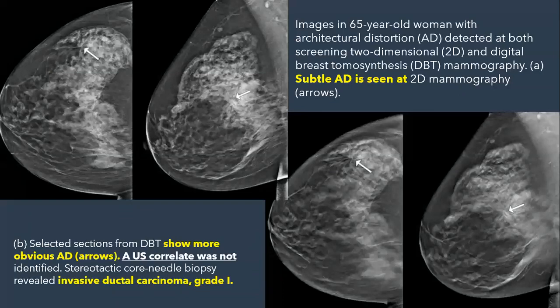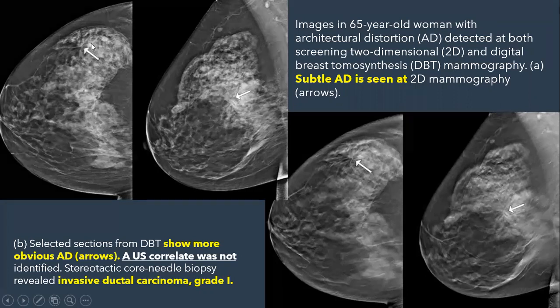Okay, this is another example. A 65-year-old woman with architectural distortion detected both on screening 2D as well as on digital tomosynthesis. Look for the very subtle area of architectural distortion seen on 2D, and look at it on the 3D, how it's showing itself very clear.